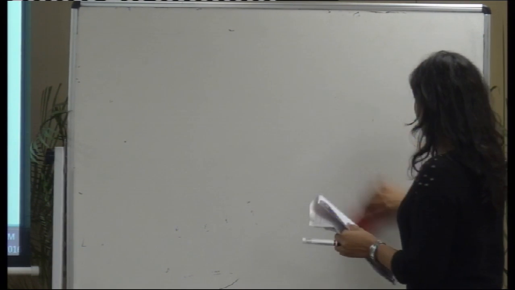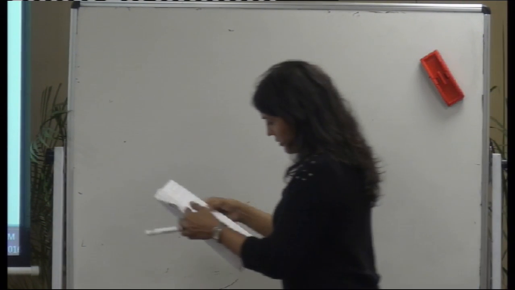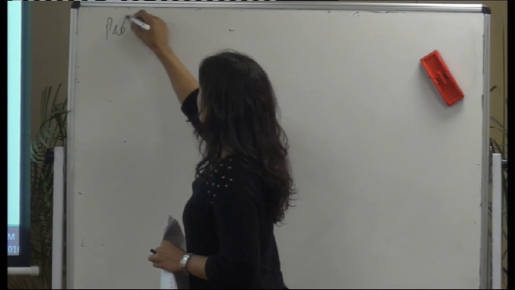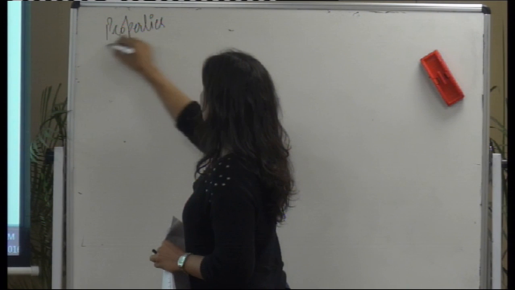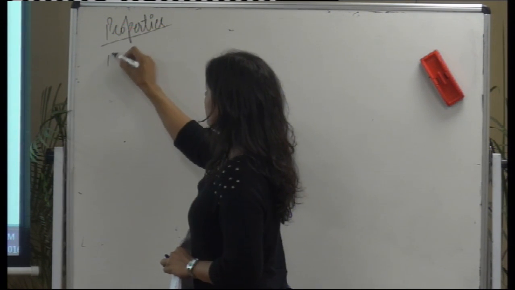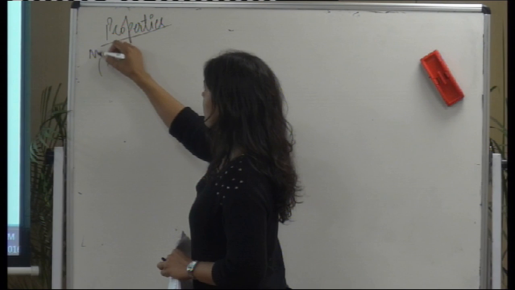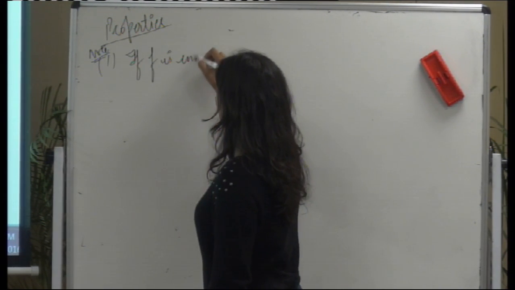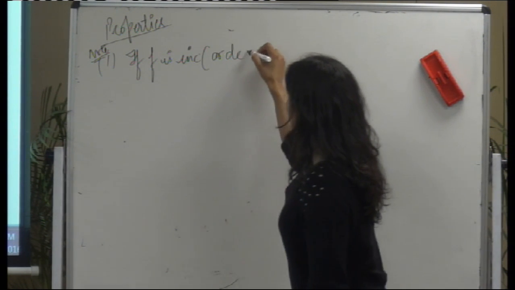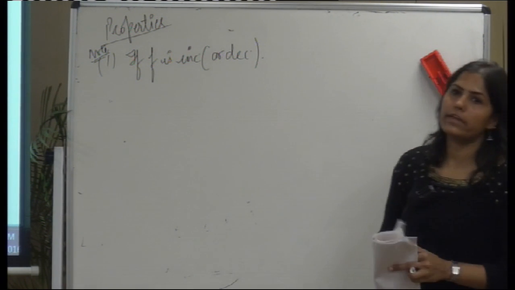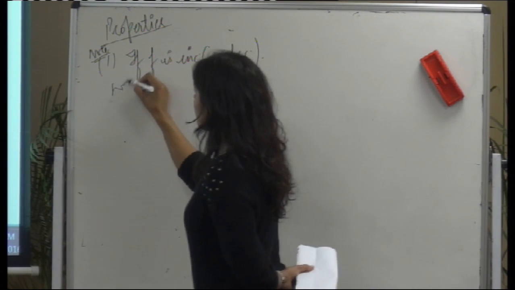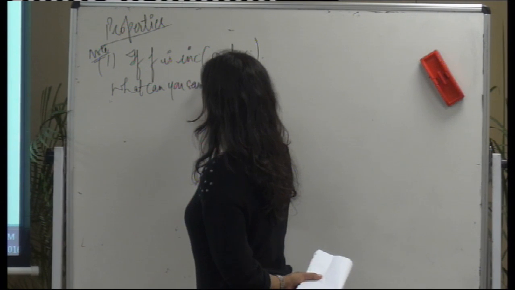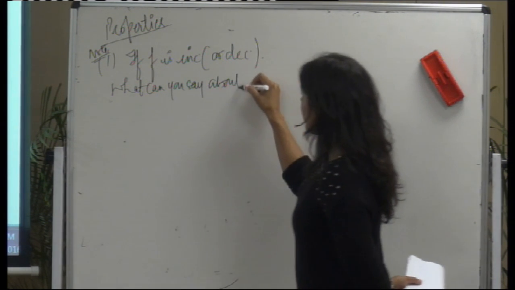Okay, now come to some of the properties. And the properties are like, okay, one note. A note is like, if f is increasing or decreasing, what can you say about the derivative?